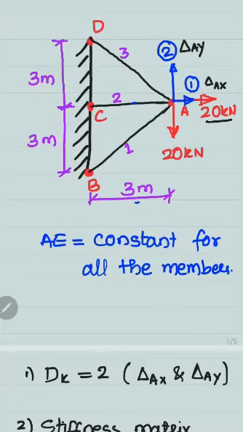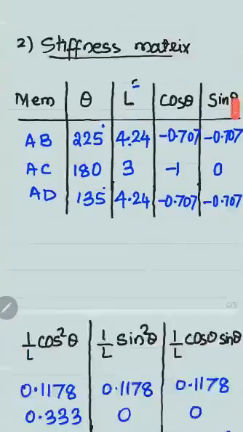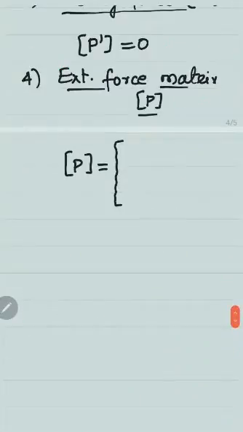It is along the same direction, so it is plus 20. Along coordinate number 2, I have taken it as upward. You can assume any direction here, right? But I have assumed it as upward. But your 20 kilonewton load along the y direction is downward, so it is opposite to the direction and will be minus. So along 1 it is plus 20, along 2 it will be minus 20. Clear? So this is the external force matrix: plus 20, minus 20, right?